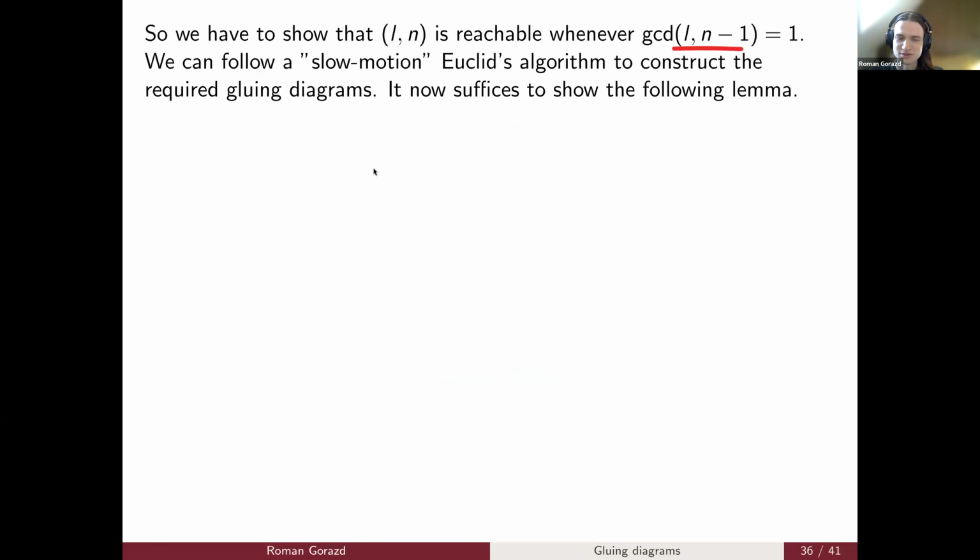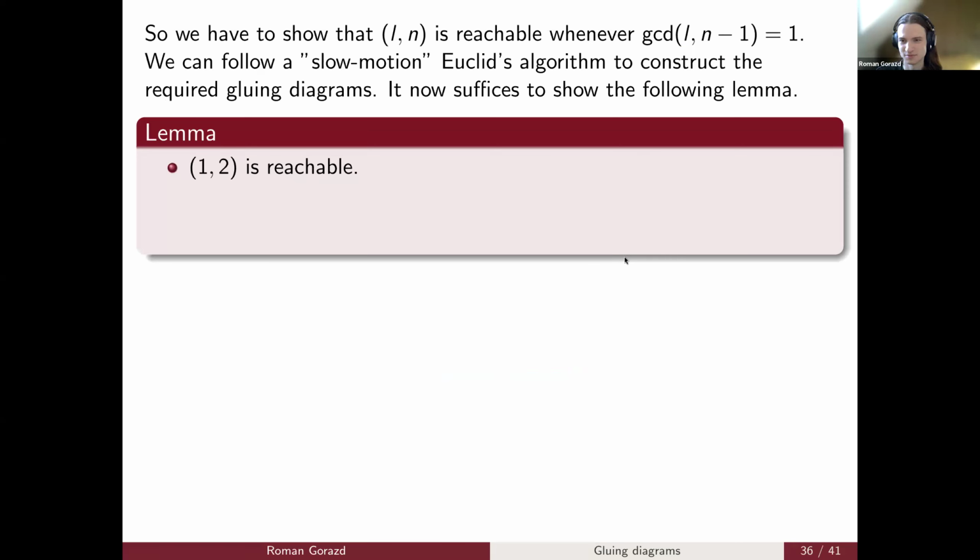So we will follow a slow motion Euclid's algorithm where we don't take modulo, we just subtract. We will show the lemma where we show that 1 and 2 is reachable, which is very easy to show. We will show that if L and N is reachable, then L plus n-1 and N is also reachable.